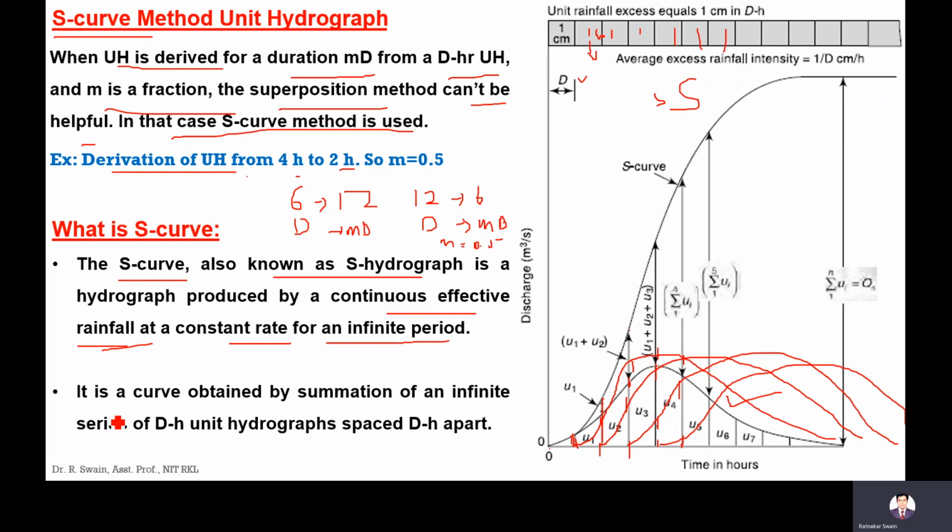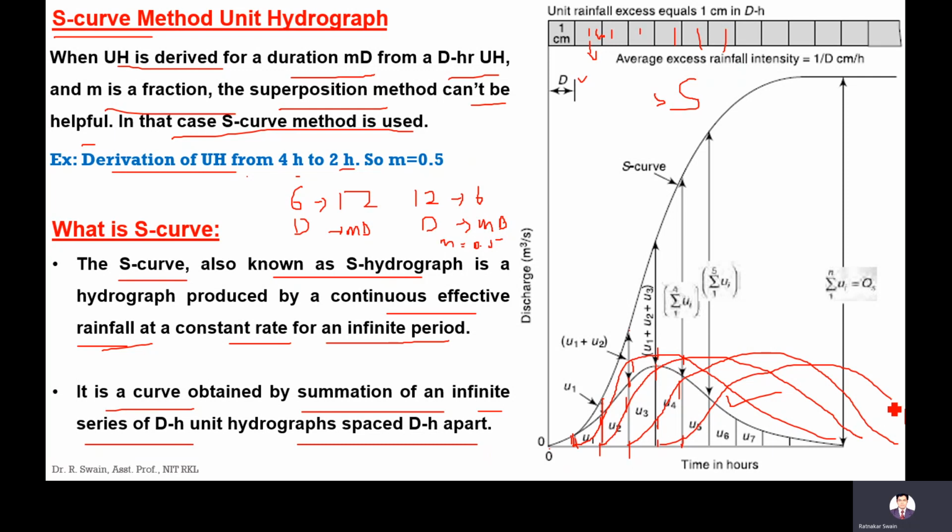So it is a curve obtained by summation of an infinite series of d hour unity hydrographs spaced d hour apart. Simply telling, this S hydrograph can be obtained by taking cumulative values of the unity hydrograph for different time steps, for an infinite period, like U1, then U1 plus U2, then U1 plus U2 plus U3, then U1 plus U2 plus U3 plus U4, like this.